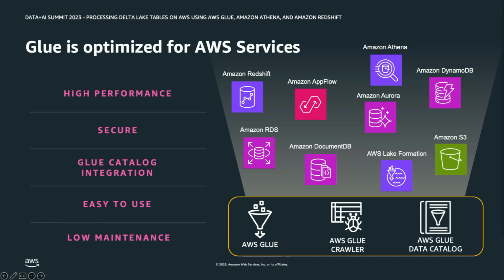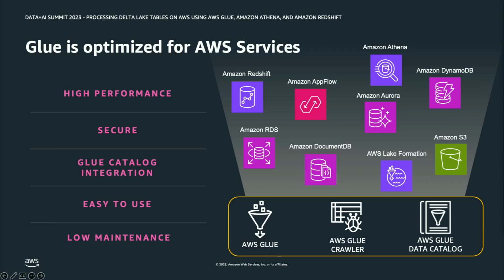Inside AWS Glue, in this presentation, I already explained that AWS Glue jobs and AWS Glue crawlers can natively support Delta Lake. And also, I want to talk about the Glue Data Catalog. In addition to that, the AWS Glue catalog can be utilized by AWS Glue jobs as well as other AWS database and analytics services.